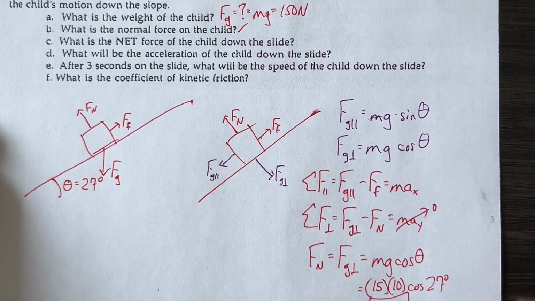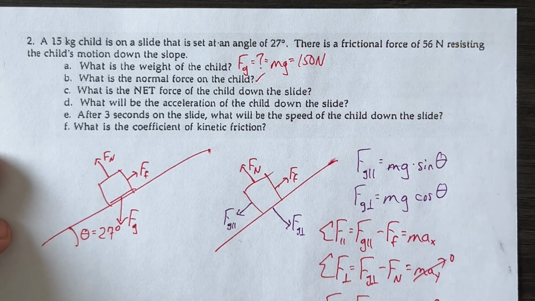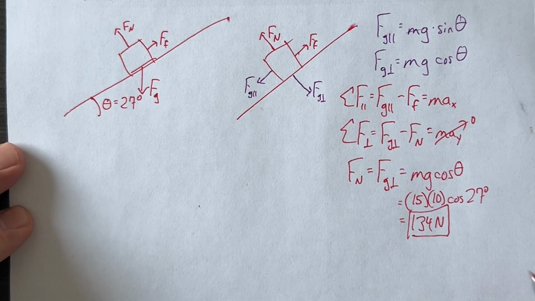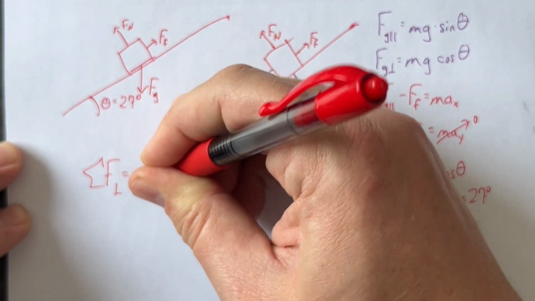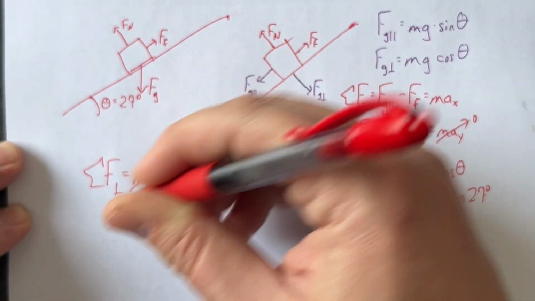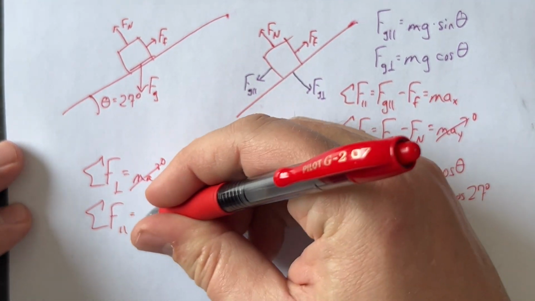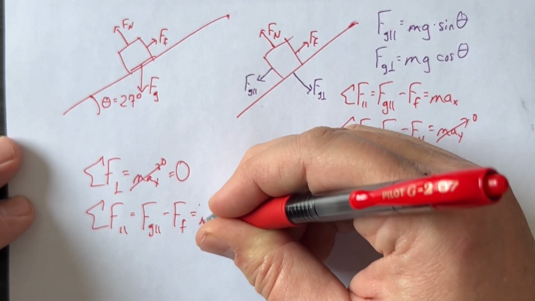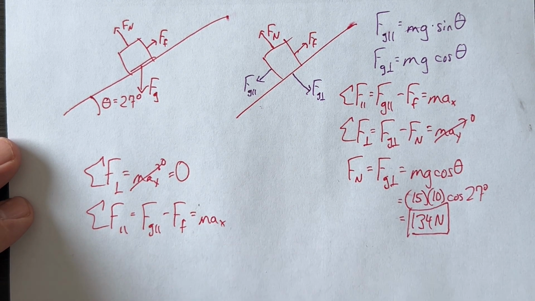So, okay, we've answered that question. What about the net force on the child? Well, we have already established that the net force perpendicular had to be 0, but we did have force parallel. So our force parallel was FG parallel minus force of friction equals MAX. And let's look at the information that they gave us that could go in here.